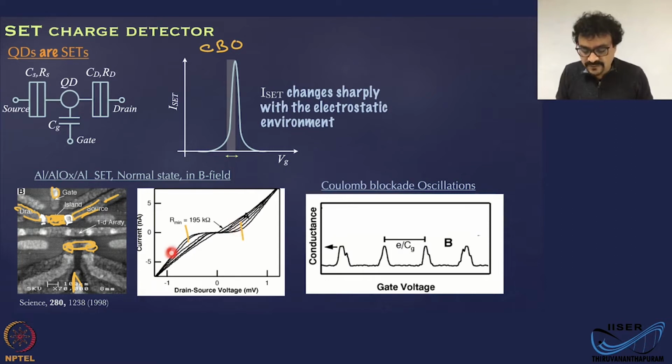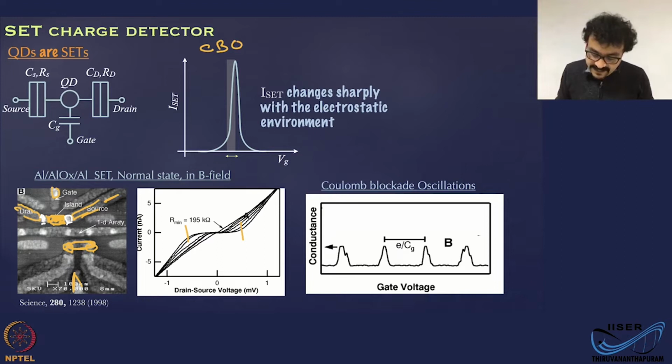So you have a complete blockade transport in the center region which you can lift by changing the gate voltage, and you can get a nearly ohmic behavior. This is the IV characteristics, current voltage characteristics, whereas these are the Coulomb blockade oscillations where gate voltage versus the conductance is plotted in this diagram.